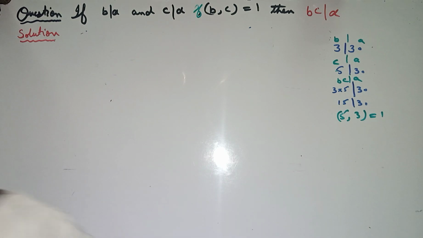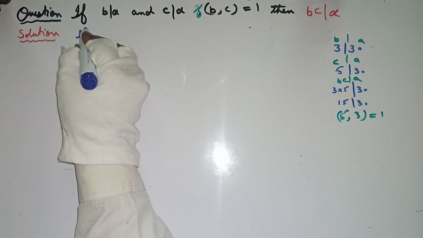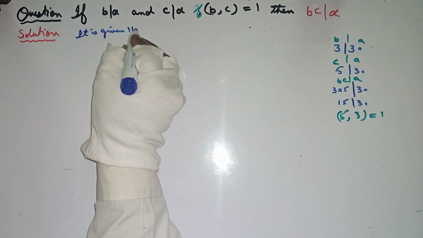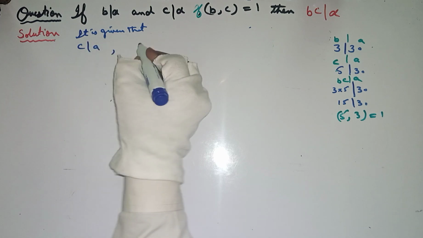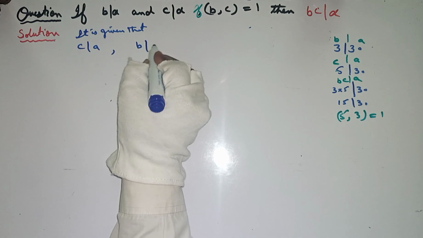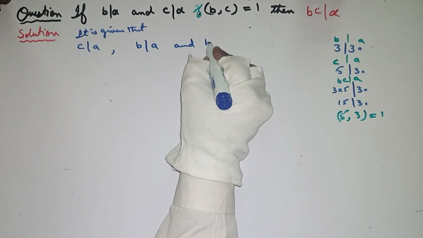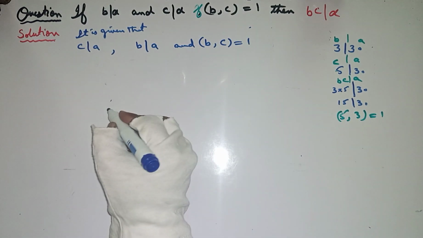Okay, now it is given, what is given? C divides A, B divides A, these two things, and both are relatively prime, their greatest common divisor is 1.